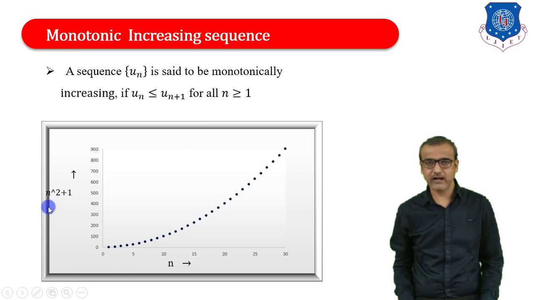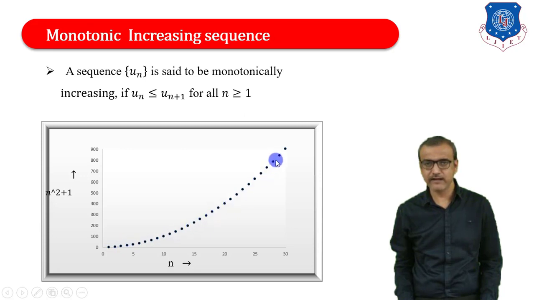Now here is the graph of n squared plus 1 versus n. As n moves from 1 to infinity, the graph of n squared plus 1 will be like this.